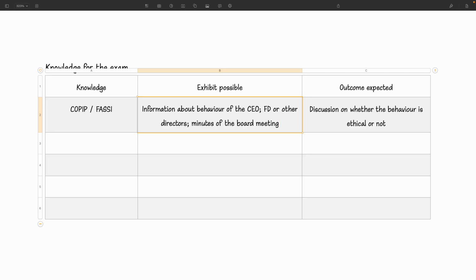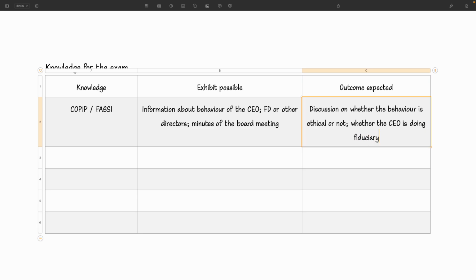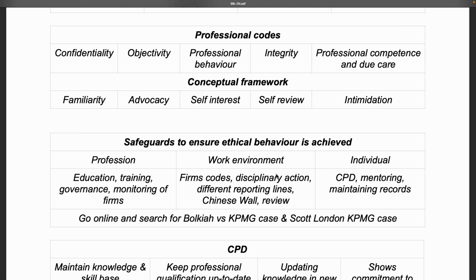Then they ask you to discuss whether the CEO is performing his fiduciary duties or not. Okay, that's one exam question that might come out for this area.